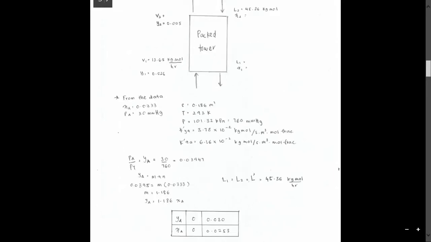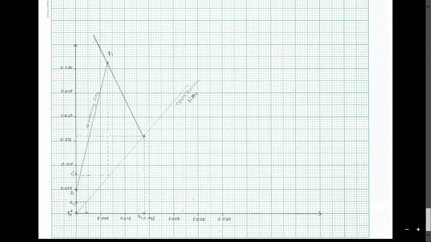The question gives the equilibrium gradient, so that value is used to find the equilibrium line. Take any value on the graph and substitute it in the equation. This is an example of the graph. Plot the operating line.